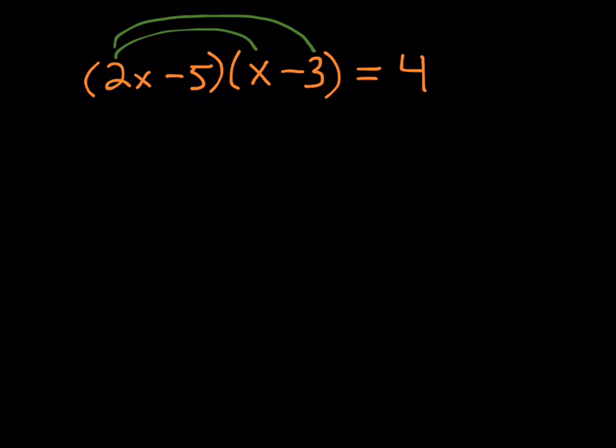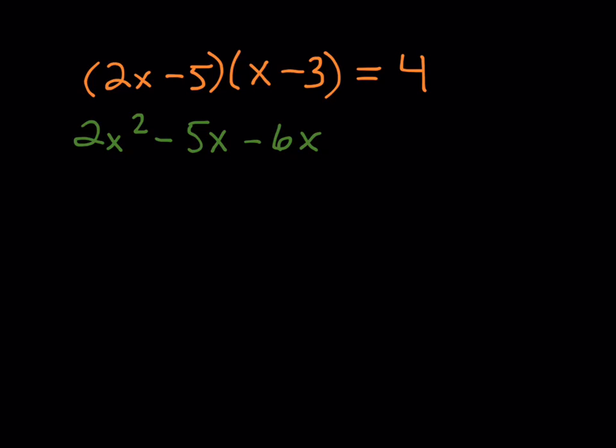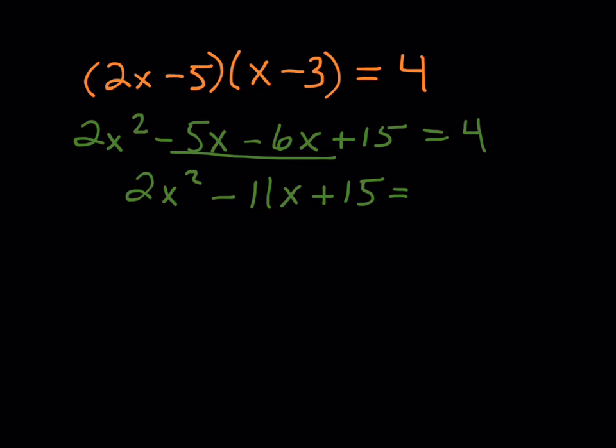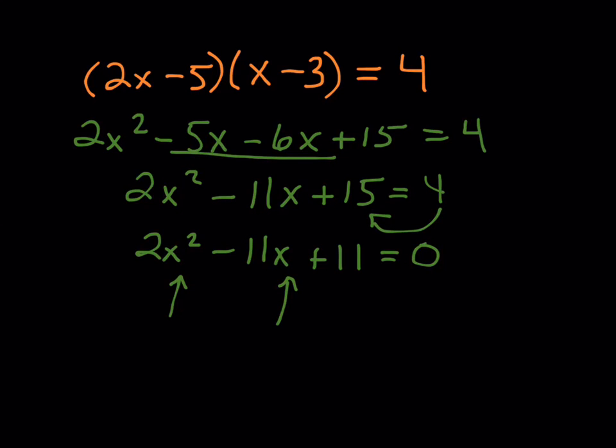It doesn't really matter what you do, but basically you'll have 2x squared minus 5x minus 6x plus 15, and you might have a slightly different order, and that's fine. Then combine like terms, so negative 5x and negative 6x. And then last, I want to move this 4 over. So 2x squared minus 11x plus 11 equals 0. And just to double check, the exponents do decrease, so that looks good.